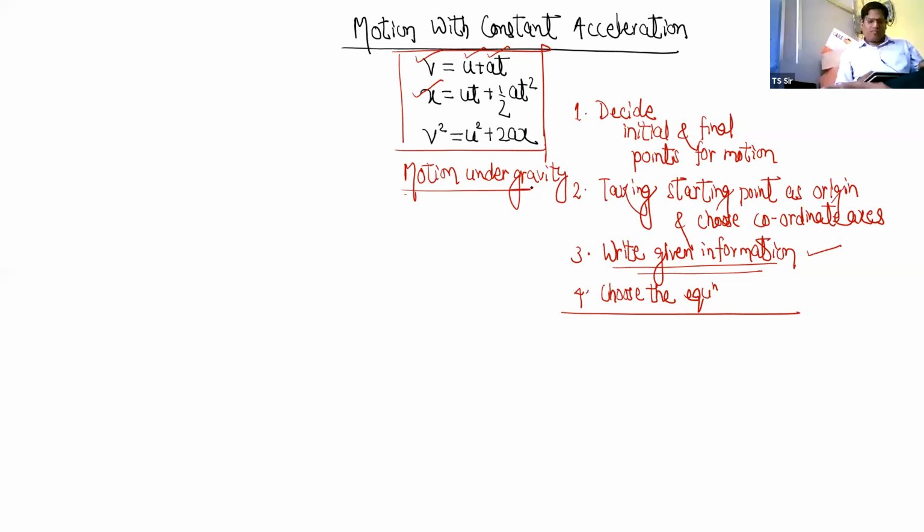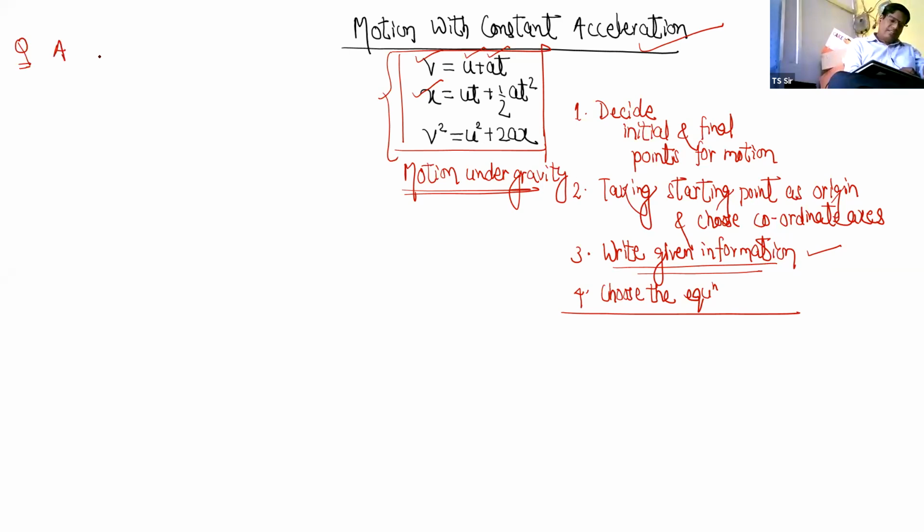Motion under gravity is an example of motion with constant acceleration. We are studying motion with constant acceleration. Any object which moves near the surface of Earth has gravitational force acting on it, so its acceleration is g downwards. So to study motion under gravity, we can apply these three formulas. So let's start.